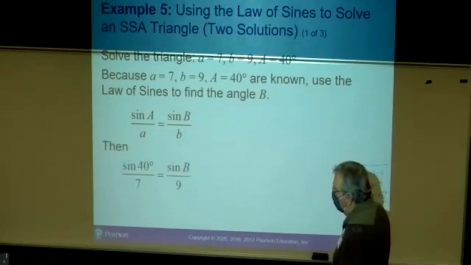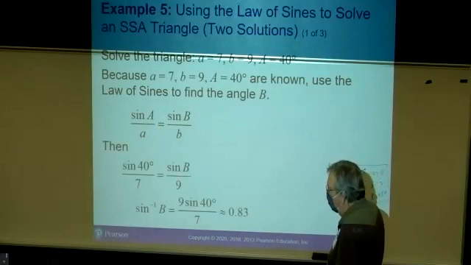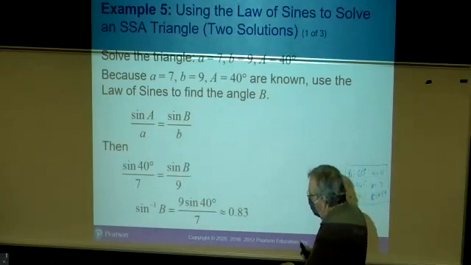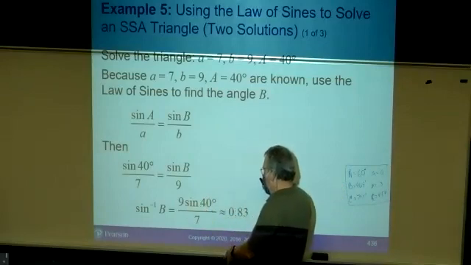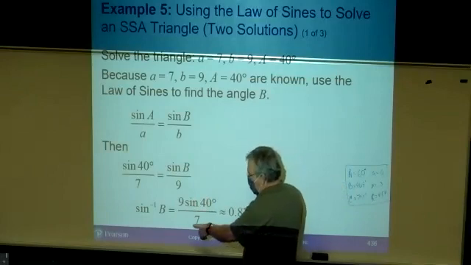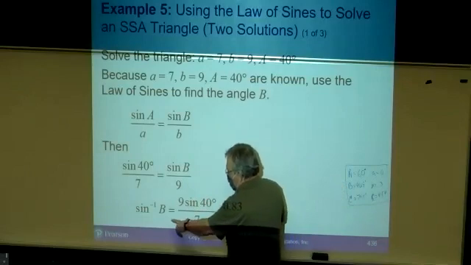Okay, so I multiply both sides by 9. Multiplying both sides by 9, you get this expression. This is wrong. That's wrong.